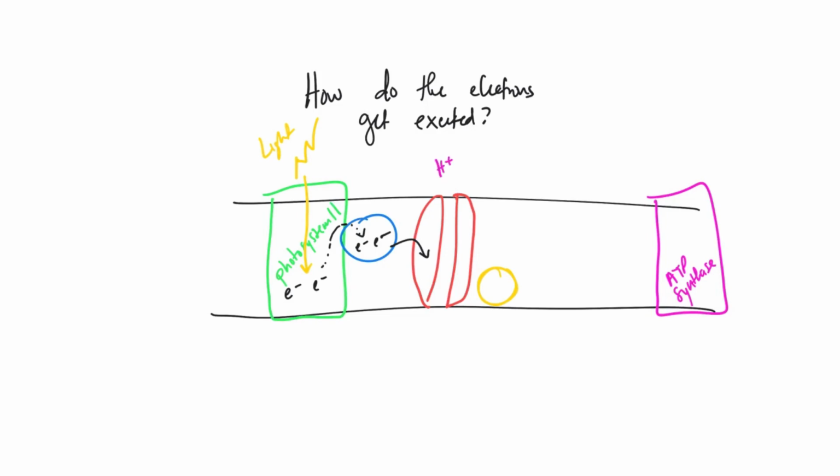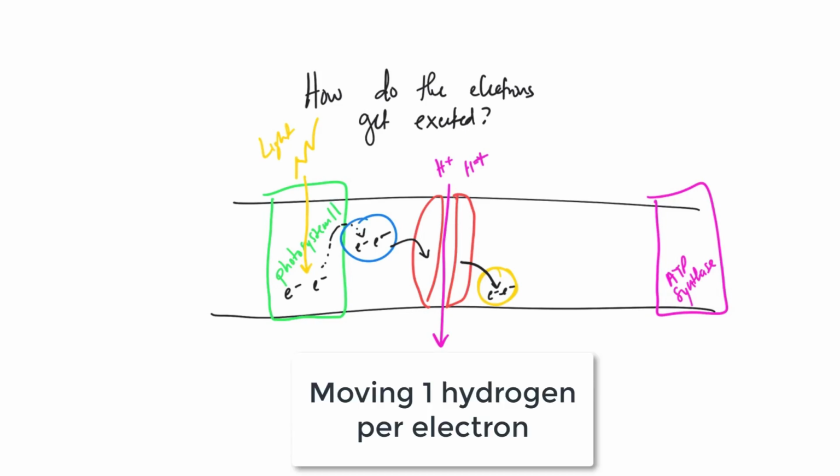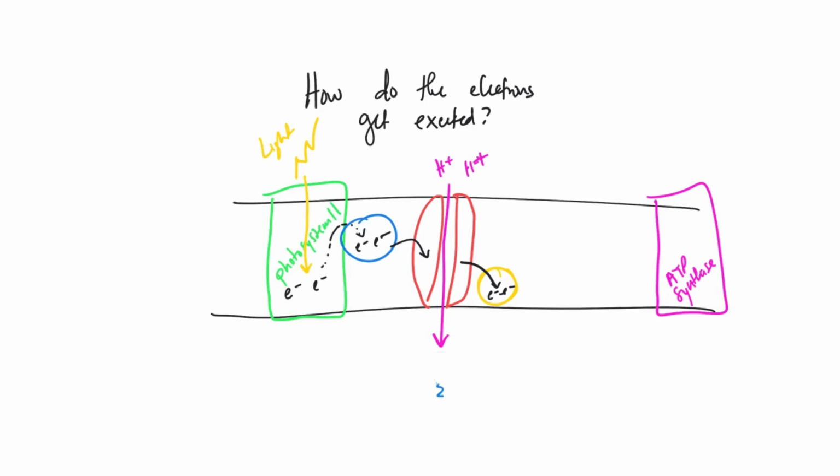So we move those high energy electrons to our next protein, and then we move them one more time. This protein here is a hydrogen pump, and basically now we're using the energy from those electrons to power that hydrogen pump. This is moving hydrogens into the cell. After that process, the electrons go on their merry way to their lowest energy state.